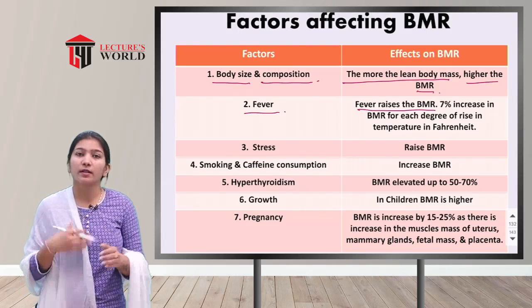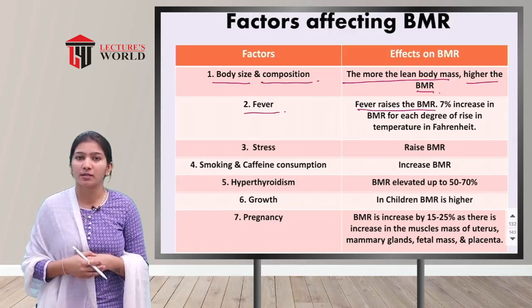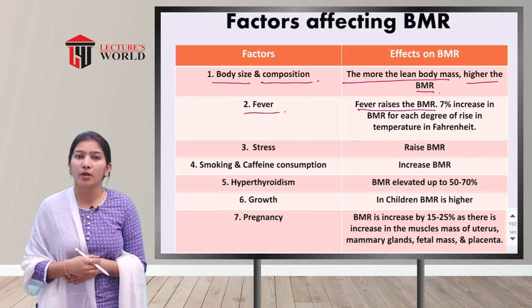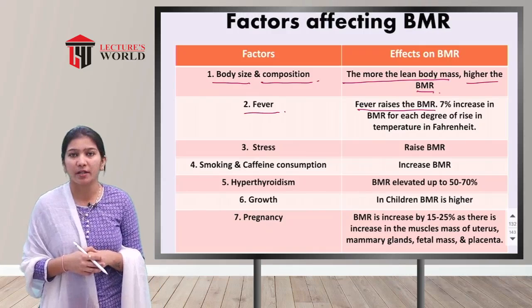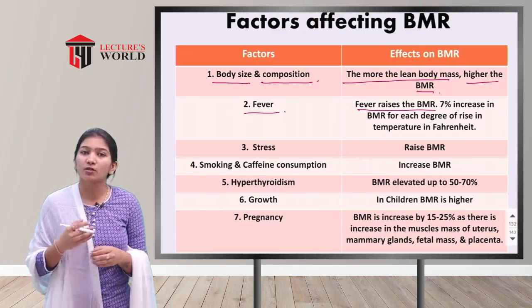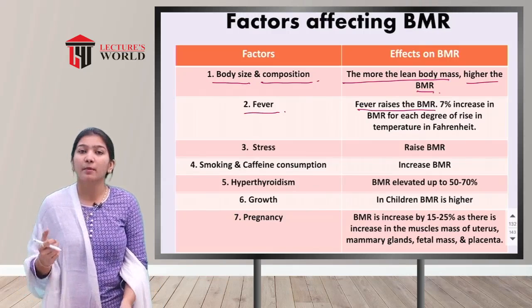Because of the increased cellular metabolism rate, which is fighting against the antigens entering the body, since fever takes place because of antigen-antibody reactions, the calorie requirement should be higher. The BMR will be increased during the time of fever.